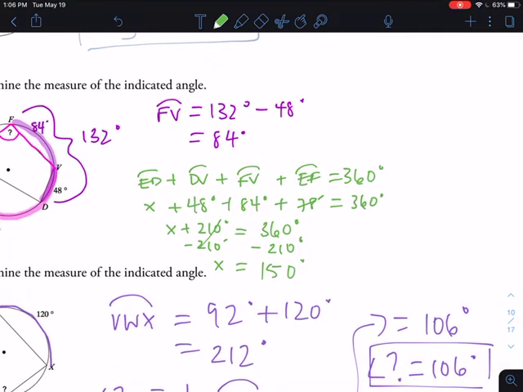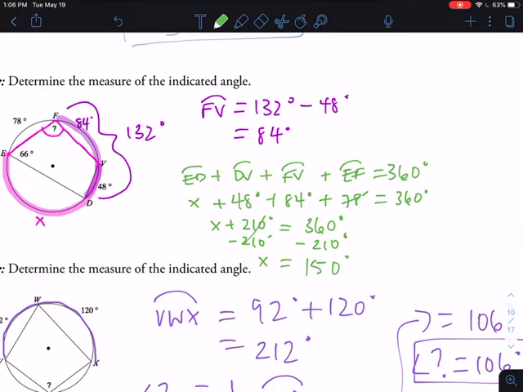Okay, so now what am I going to do with all this information? I am going to use the stuff we just found, arc X plus arc DV, or 48 degrees that we already had, to find the total of this whole arc. Once I have the total of this whole arc, then I can use it to find the inscribed angle by dividing it in 2.